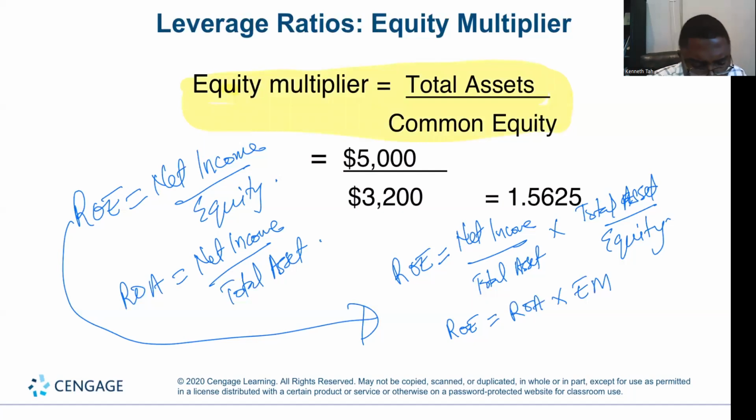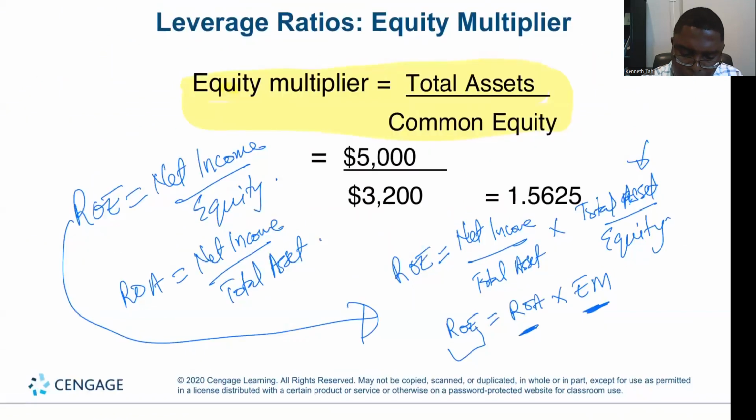Equity multiplier ratio is the factor by which the return on asset is multiplied to determine the return on equity. So notice the return on asset will be multiplied by the equity multiplier to generate the return on equity. So this is a leverage ratio, which tends to improve return on equity once we multiply that with return on asset.